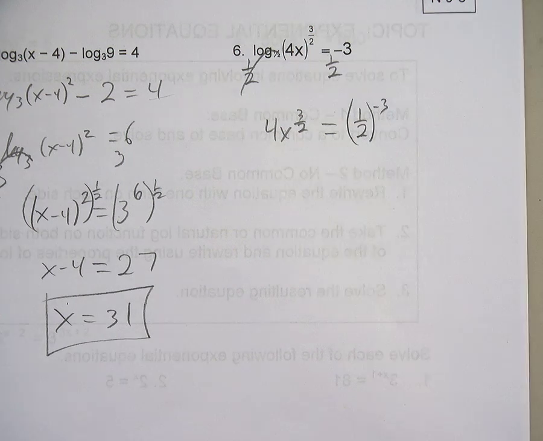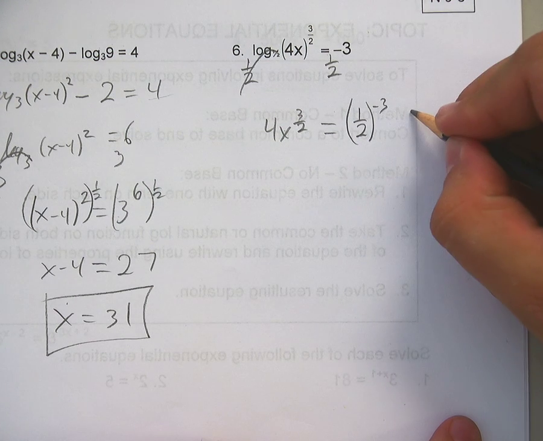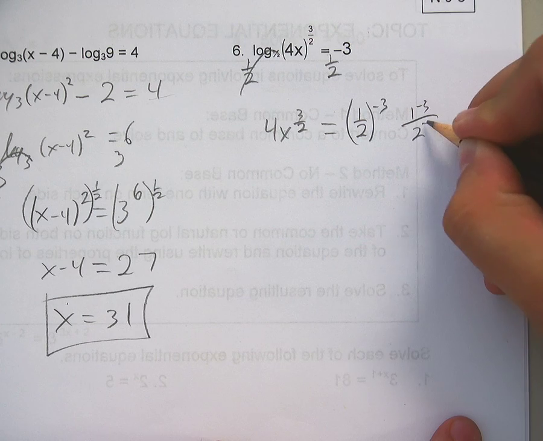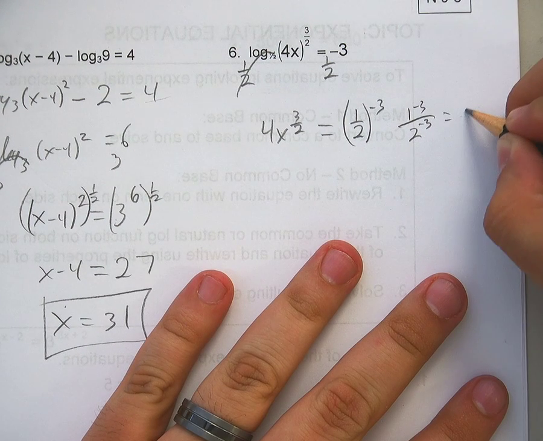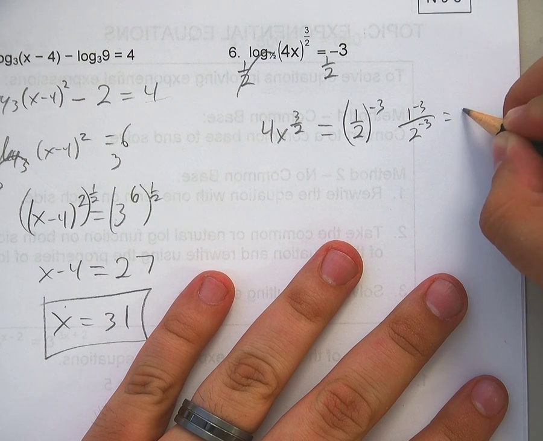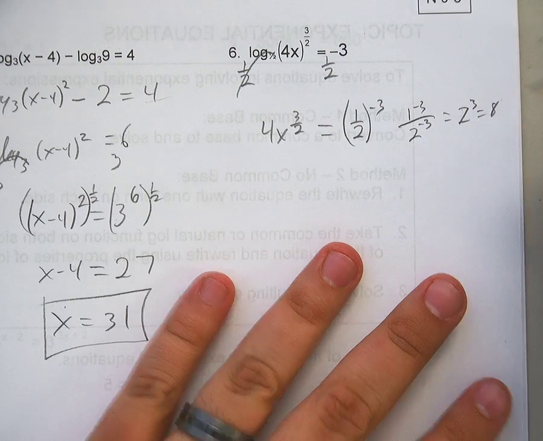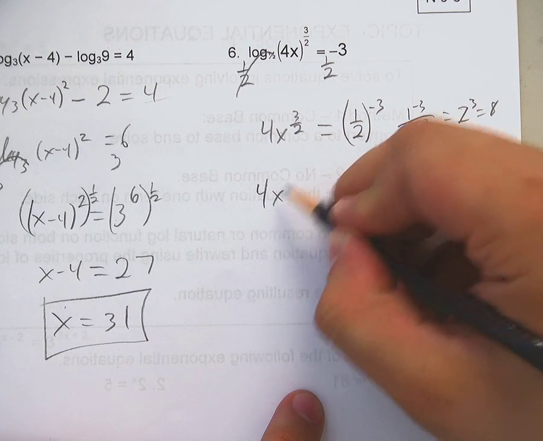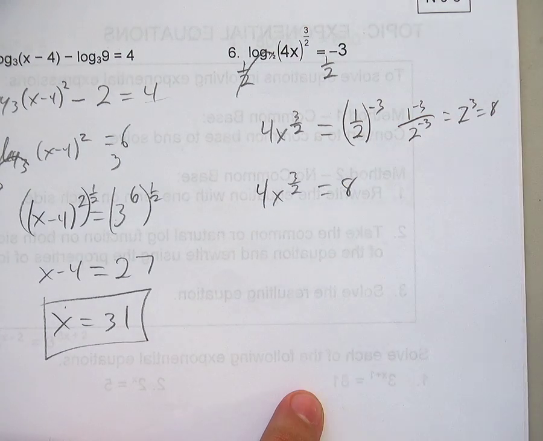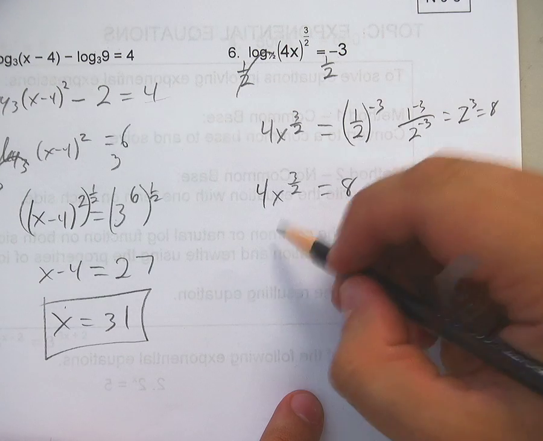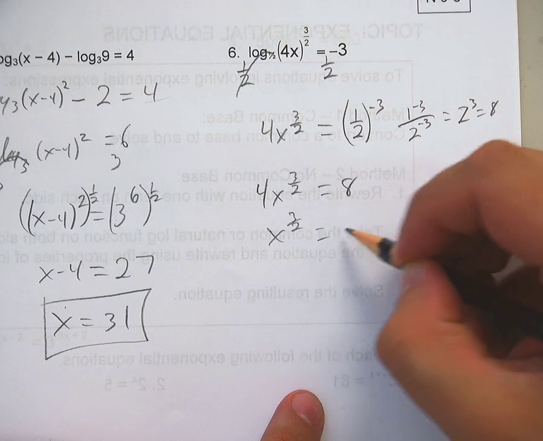Now, let's simplify this here. This is 1 to the negative 3 over 2 to the negative 3, which is basically 2 to the 3, which is 8. So what we've got is 4x to the 3 halves equals 8. Divide by 4, x to the 3 halves equals 2.